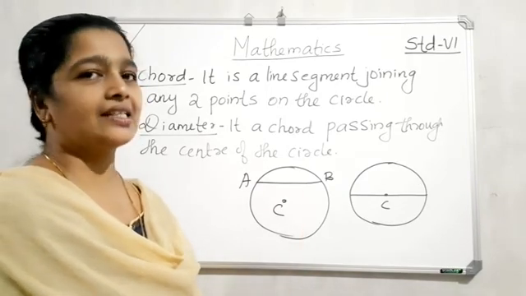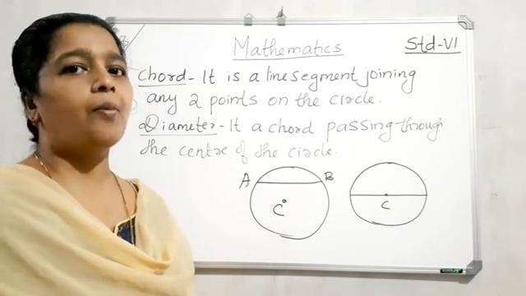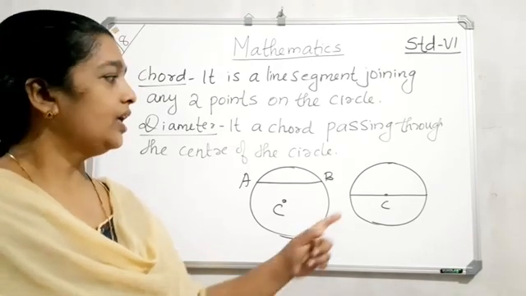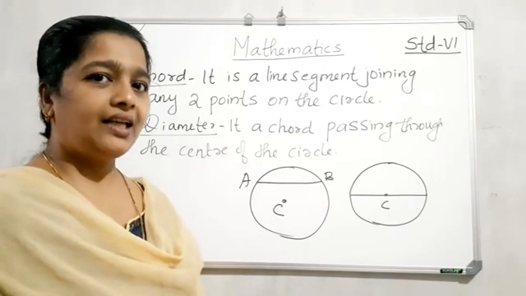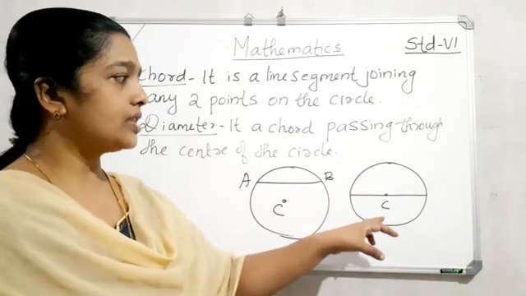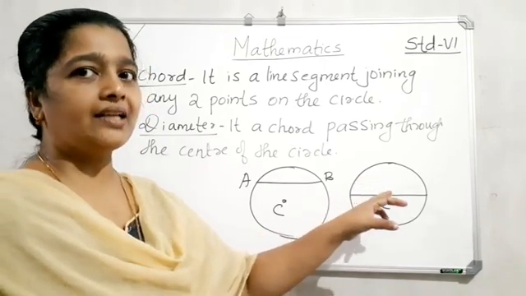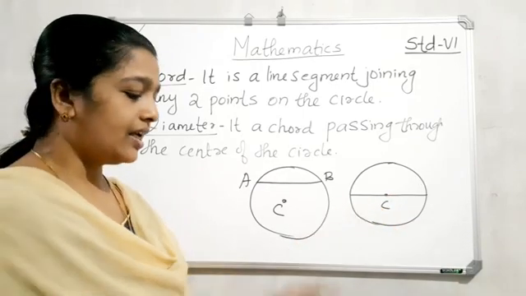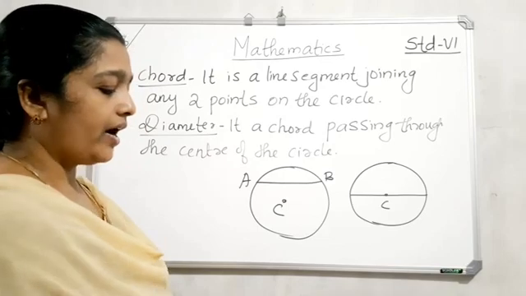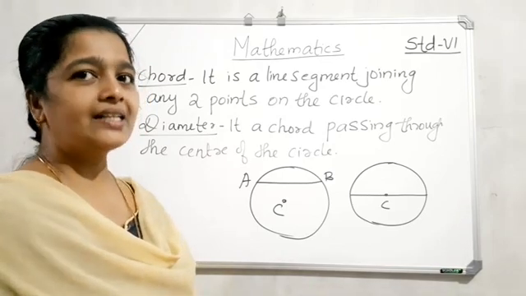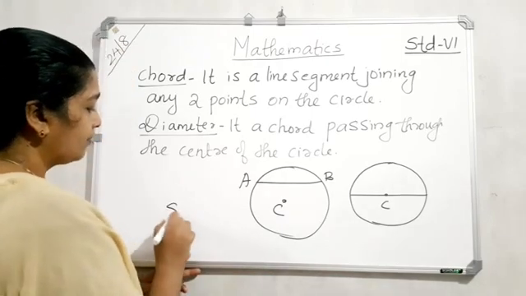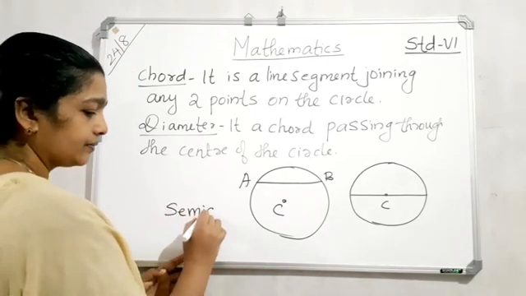So diameter is the longest chord passing through the center of the circle. The diameter divides the circle into two equal parts, and that is known as semicircles.